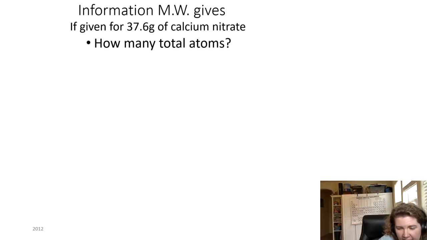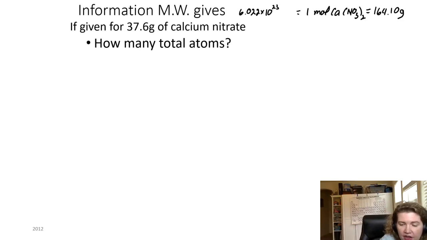I can say that 1 mole of calcium nitrate, this is another way of drawing the mole bridge, is 164.10 grams, and it's equal to 6.022 times 10 to the 23rd units. So they're showing the mole as the bridge between those.